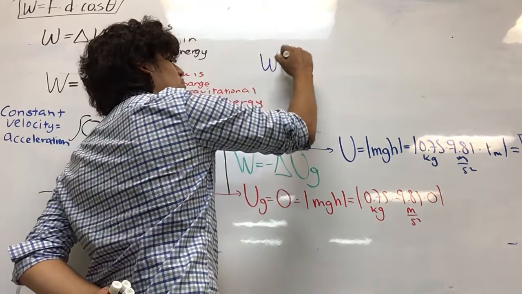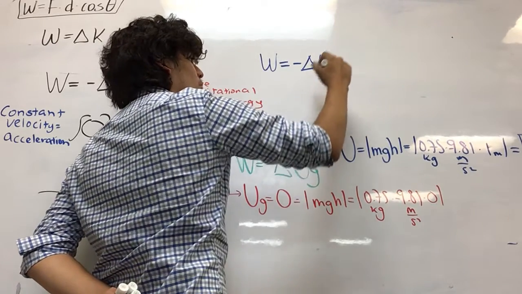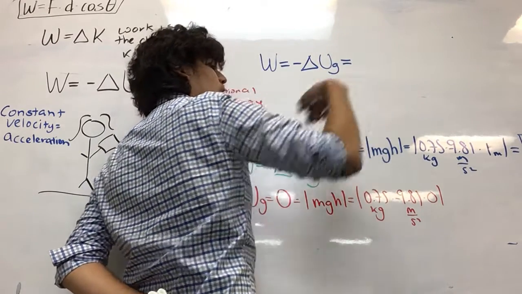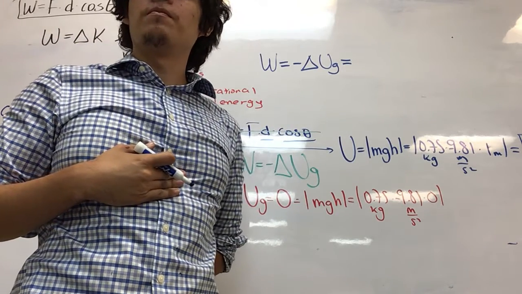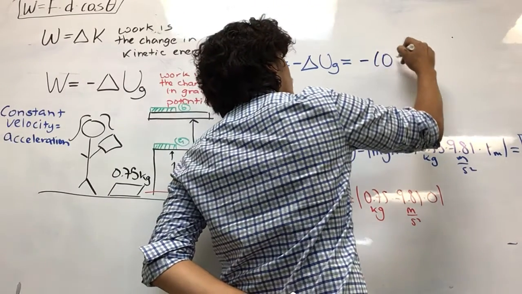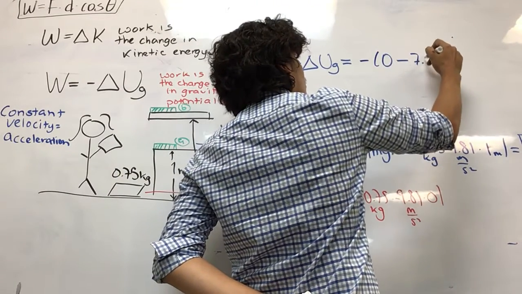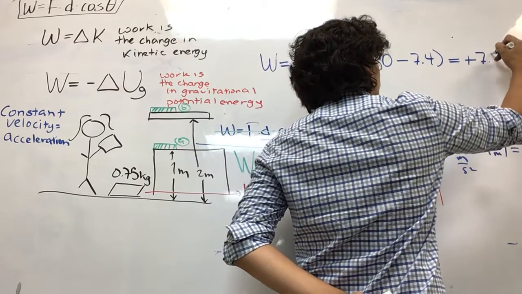Work is equal to negative change in U of G, right? So then what is the initial energy that this book had? 0. And the final energy? 7.4. Okay, then that balances out and gives you 7.4.